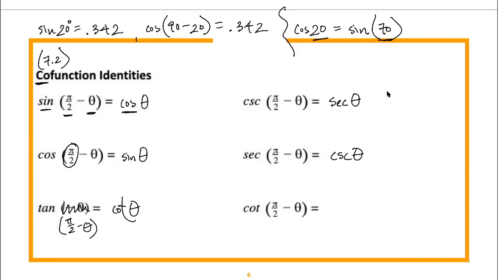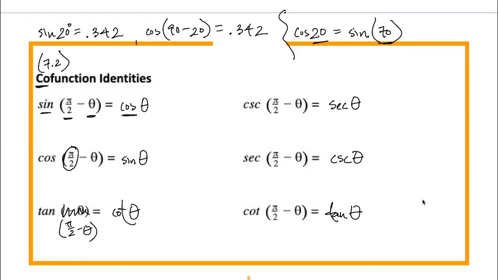And cotangent of pi over 2 minus theta is equal to tangent of theta. Okay. So we've got these cofunction identities, and really they help us find the trig function of the complementary angle, the angle that adds to it to make 90 degrees.